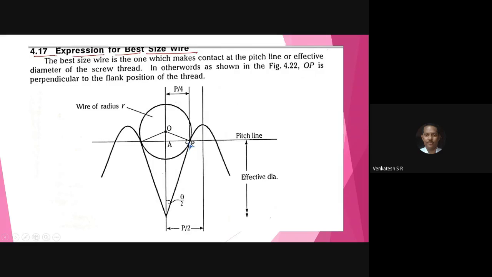This is the right angle triangle, and the angle theta by 2, half thread angle. Theta is the thread angle and radius of the wire. That's the best wire size for measurement of effective diameter, major diameter, minor diameter, pitch, and the angle of the thread.